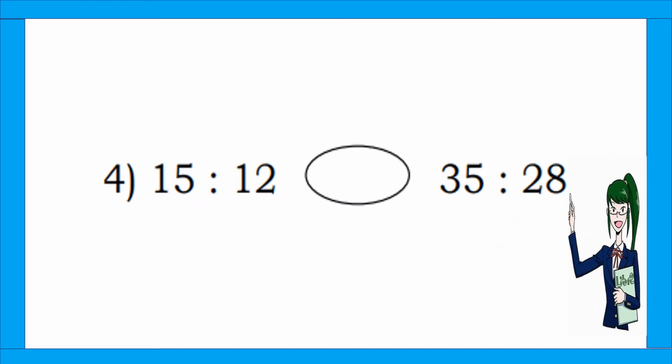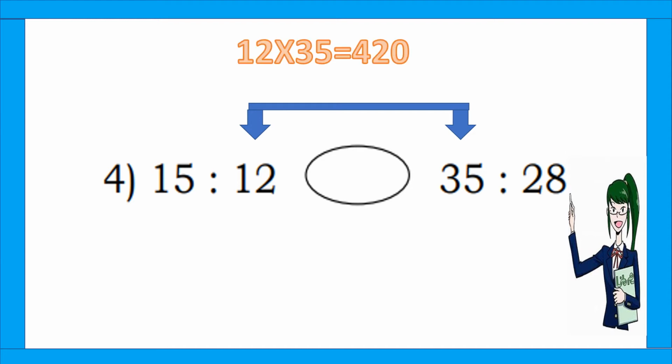Number 4. 15 to 12, blank, 35 to 28. The means are 12 and 35. Get the product of the means. 12 times 35 equals 420.